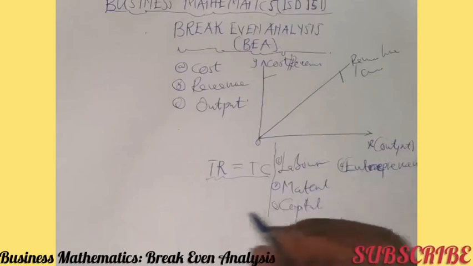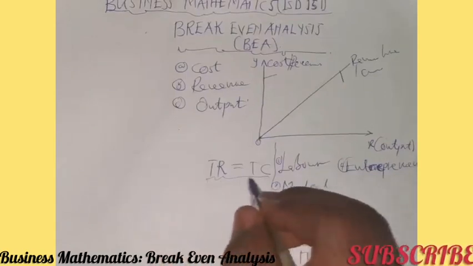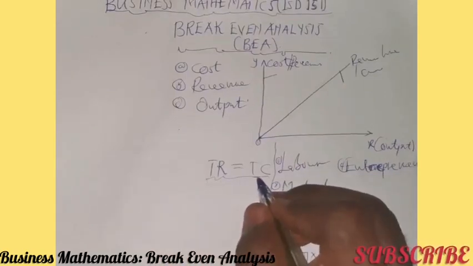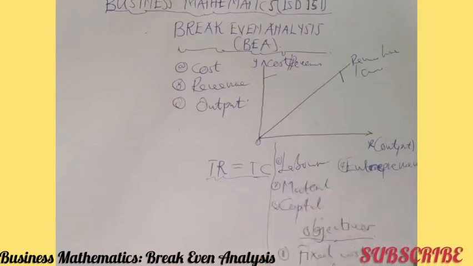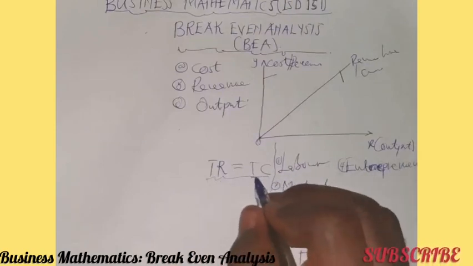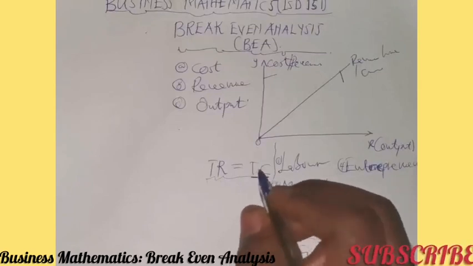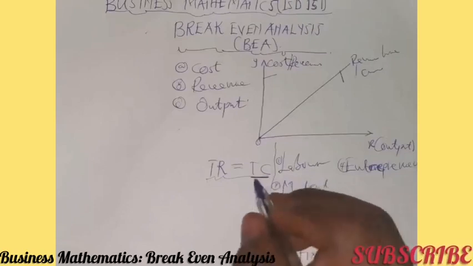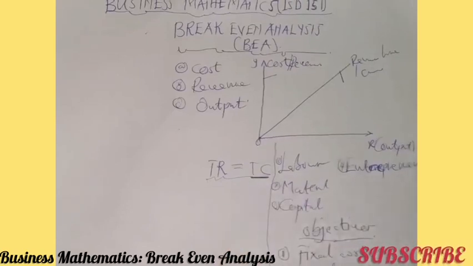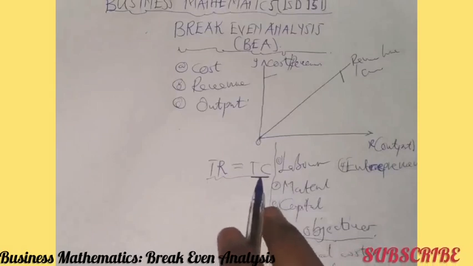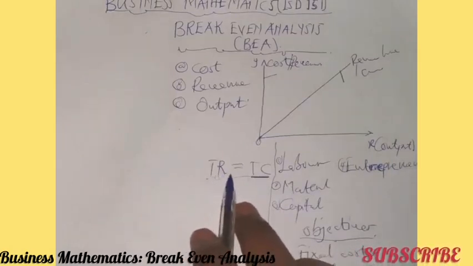So if the total cost for the organization is TC, then at break-even, once the total cost is known, you're neither going to make a profit nor a loss. At that point, your total cost should be equal to your total revenue.